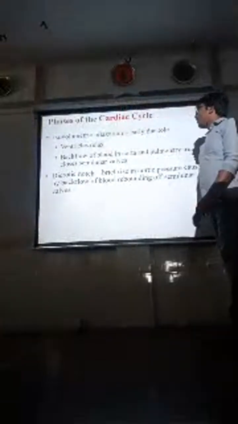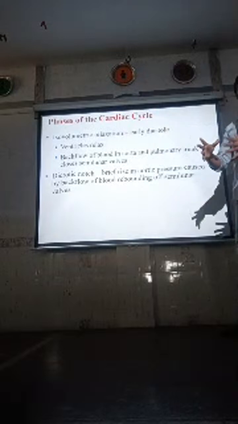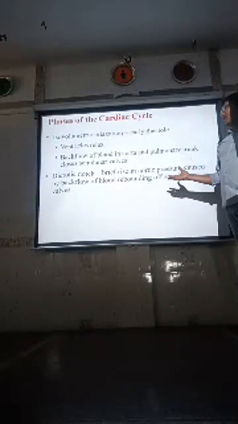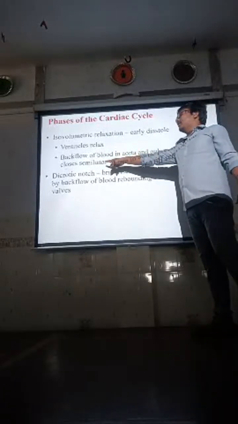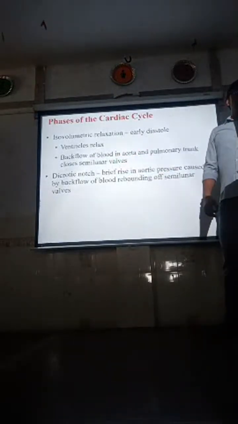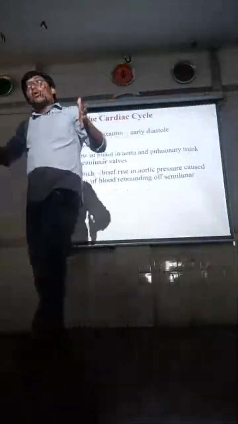Next slide. Now, isovolumetric relaxation, early diastole: when the ventricles get backflow of blood from the aorta and pulmonary trunk, what will happen? The semilunar valves open when the ventricles are contracting.